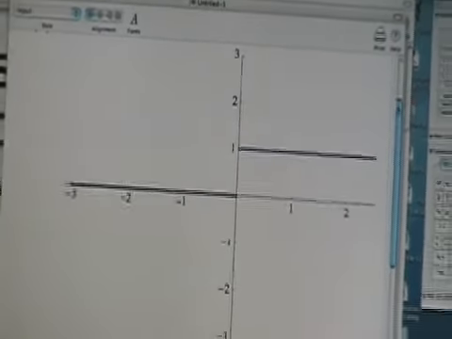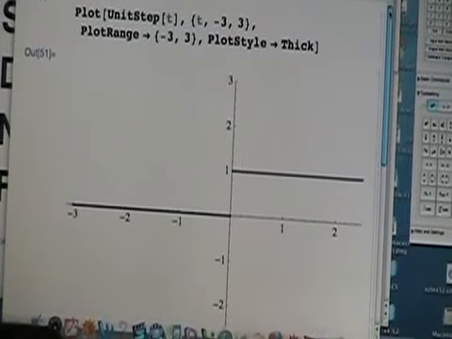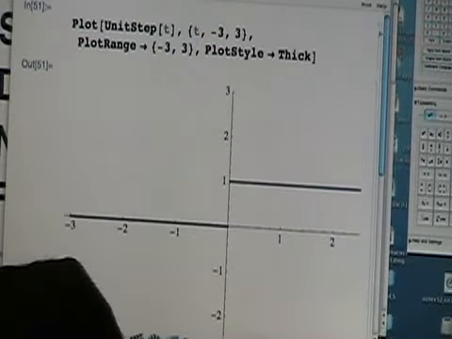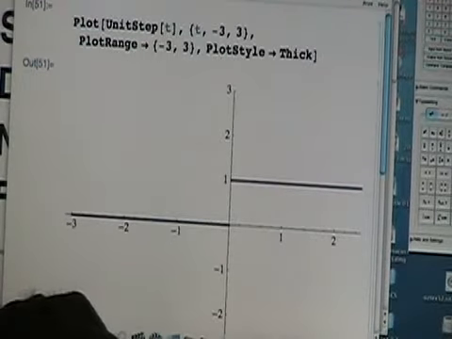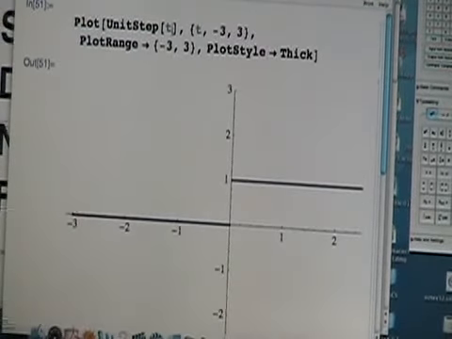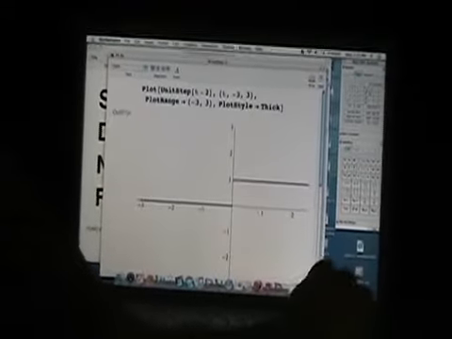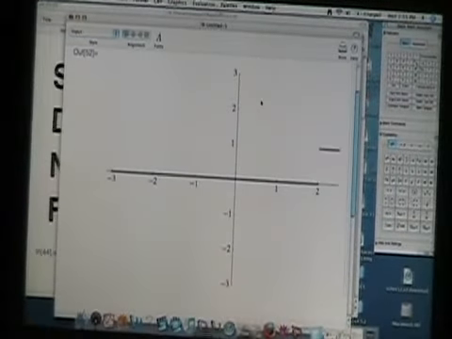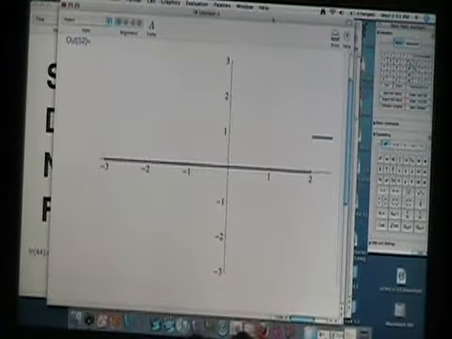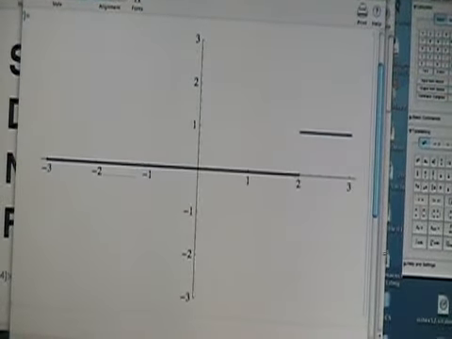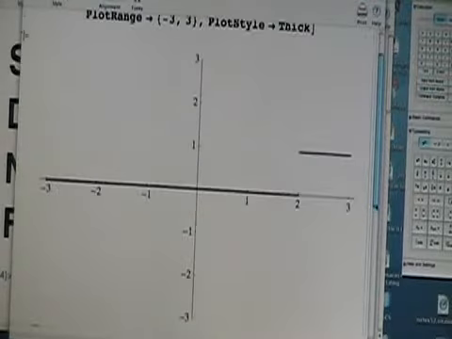So you see how that has a jump discontinuity there at t equals 0. And if we want to shift it over to some other value of a, like a equals 2, we just need to translate this graph to the right by 2 units. So here's the graph that has the jump discontinuity at a equals 2. So that would be u sub 2 of t in the book's notation.